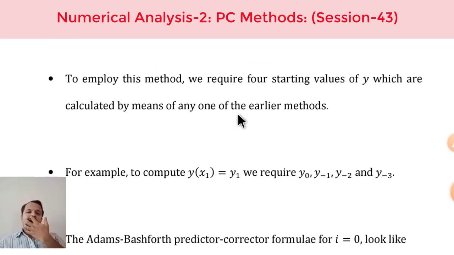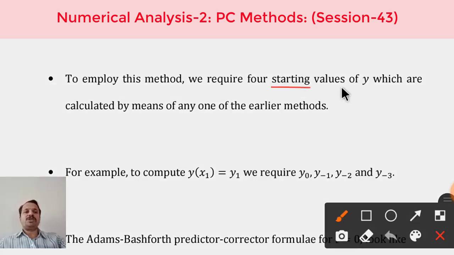To employ the Adams-Bashforth predictor corrector method, we require some starting values. How many starting values are required? Four starting values are required, and those values are obtained with the help of any one of the earlier methods.